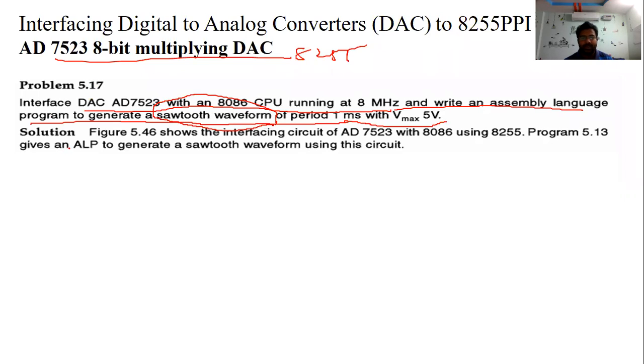In the previous analog to digital converter, they did not mention what type of analog signal was considered, so you could consider any analog signal to convert the digital or binary data. But here they specifically ask that you can assume some data, and this data we convert into the sawtooth waveform.